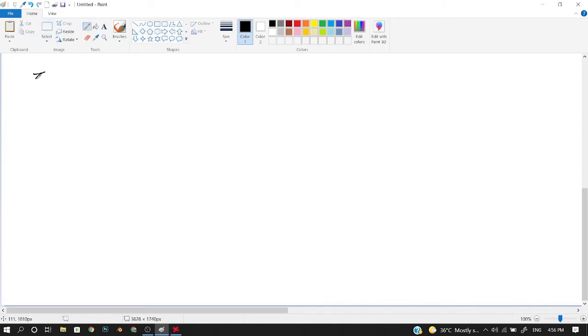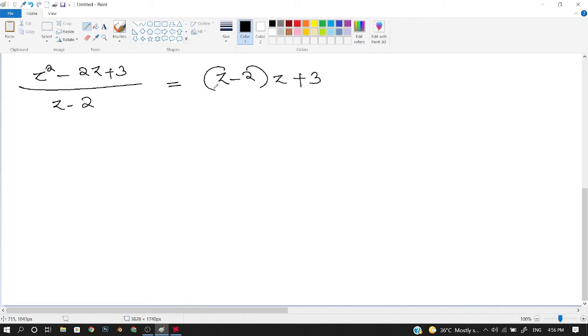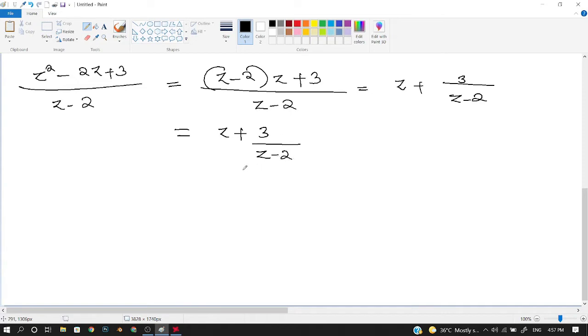Now another example, z square minus 2z plus 3 divided by z minus 2. So this is same as, now you can write the numerator as z minus 2 into z plus 3 divided by z minus 2. Now this is same as z plus 3 by z minus 2. Now this is same as z plus 3, yes, it is enough, 3 by z minus 2.